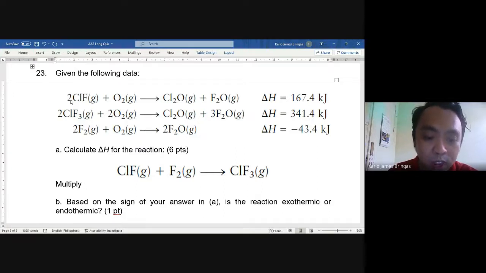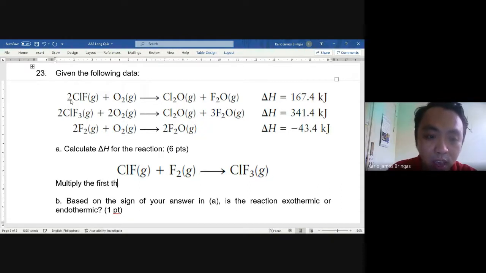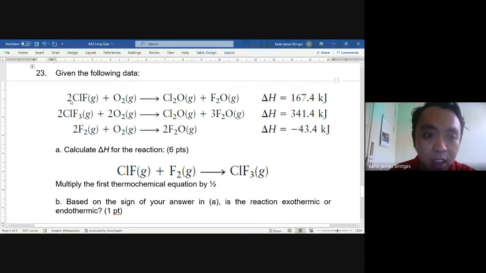For the first thermochemical equation, I multiply this first equation by 1/2, so that our ClF in here has the same coefficient as my overall equation.